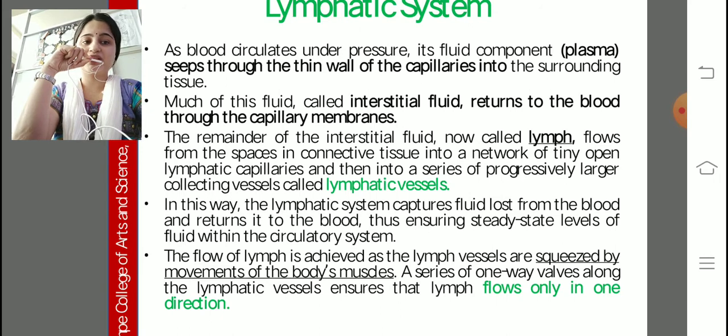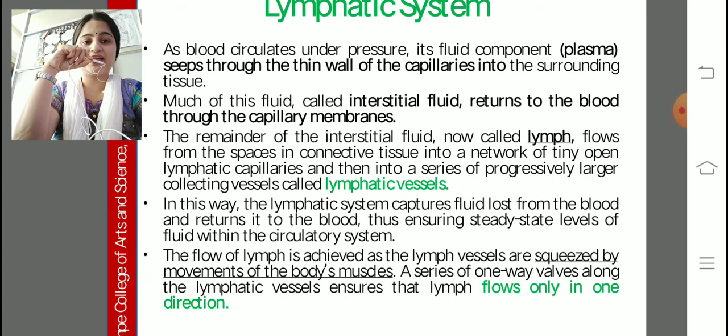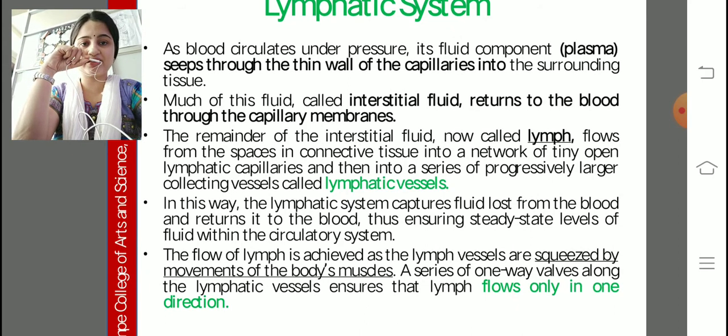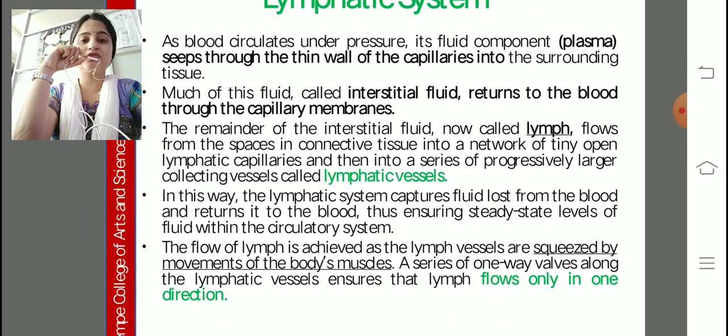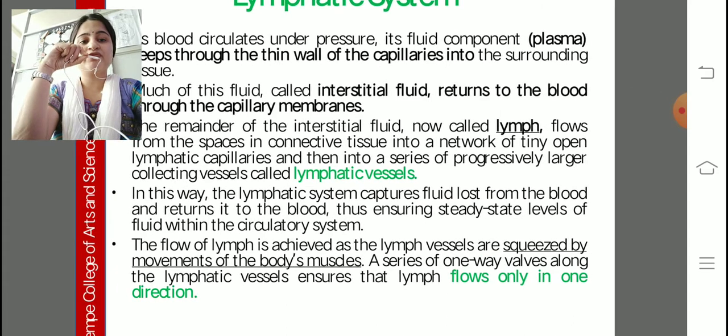There is a tiny network that opens up through the lymphatic capillaries into a series of larger collecting vessels known as lymphatic vessels. This is the flow, or the direction, of how this network works. In this way the lymphatic system captures all the fluid that is lost from the blood and returns it back into the blood. Therefore it maintains the steadiness of the blood as well.